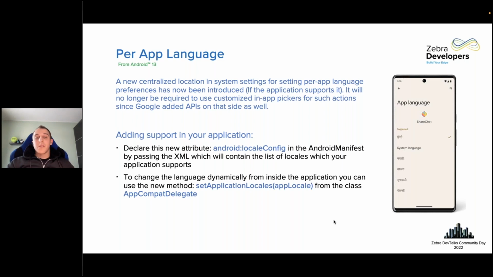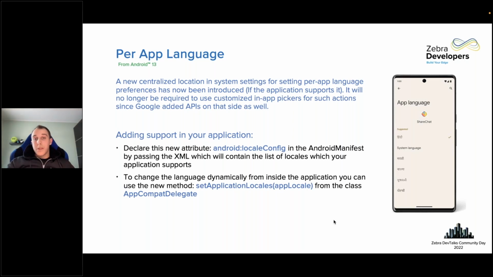So for instance, now with Android 13, you can actually have your phone in English, and you can change the app language for a specific application to another one, as long as that application supports your preferred language.